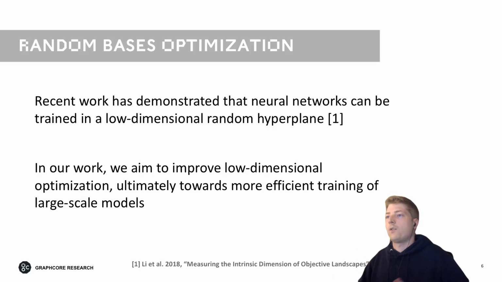And that worked surprisingly well, I would say, but also had lots of shortcomings in terms of accuracy that you could achieve. And so starting from this, we set out to basically improve on this work, and with the overall view to ultimately improve efficient training, which would allow us to scale to much larger models.